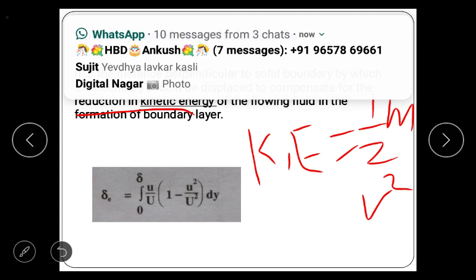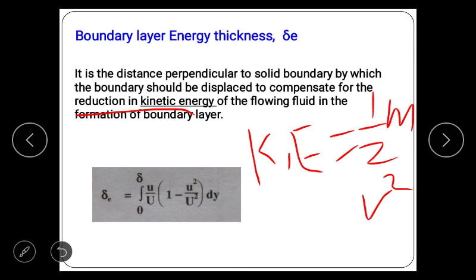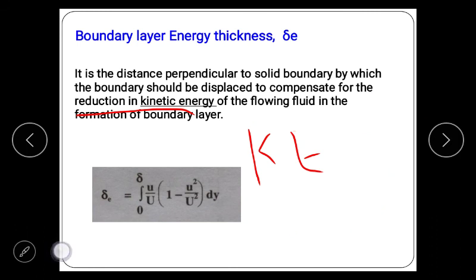Mass flow can be replaced by density, as per the definition of density, mass per unit volume. Hence mass is equal to density into volume.